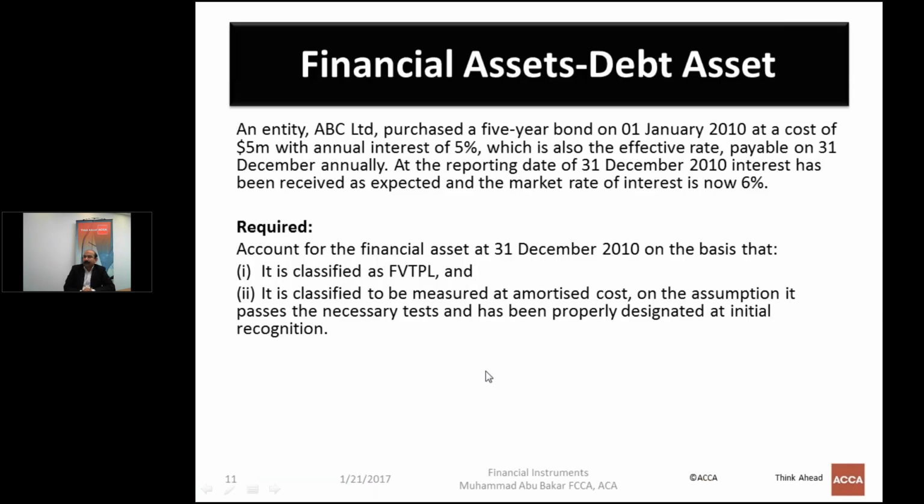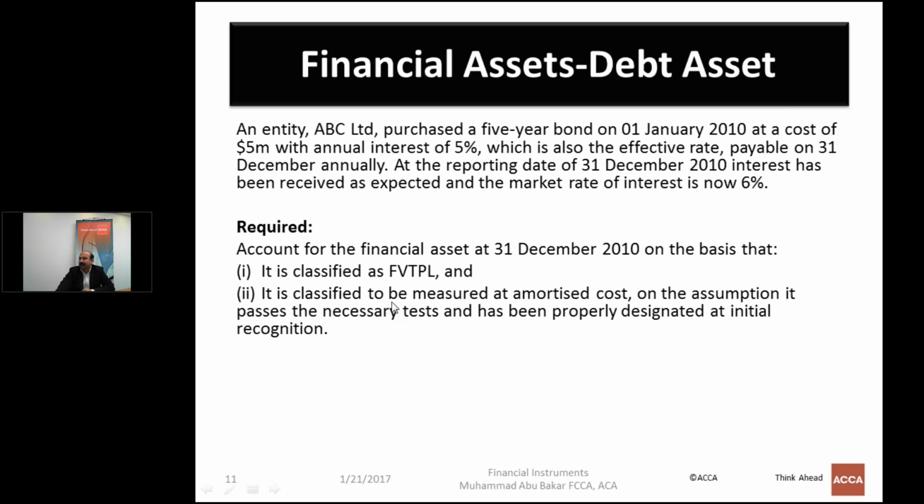Okay. Now, come back to the same question and to the second requirement. We started the question on 1st January 2010, with 5 million. This was our financial asset and its life was 5 years, and initially the interest rate and the effective rate were the same.